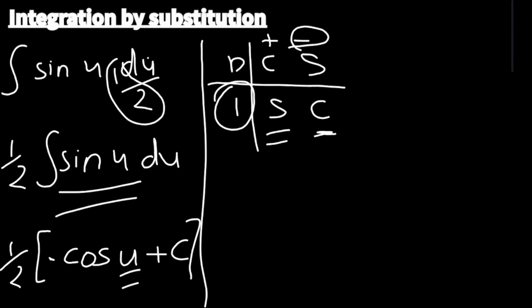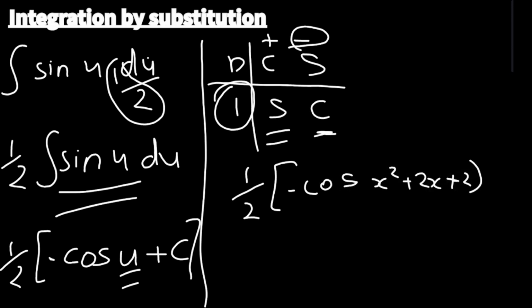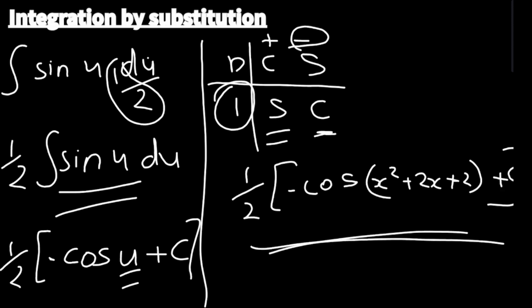But what was our u? So that is a half negative cos of x squared plus 2x plus 2 plus c. So this becomes our final answer.